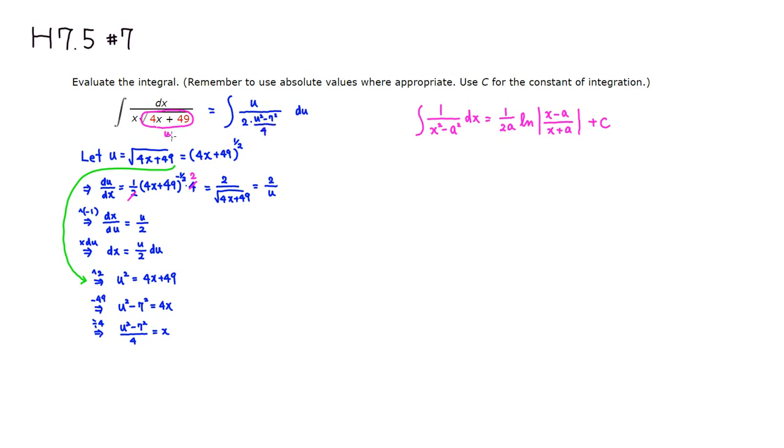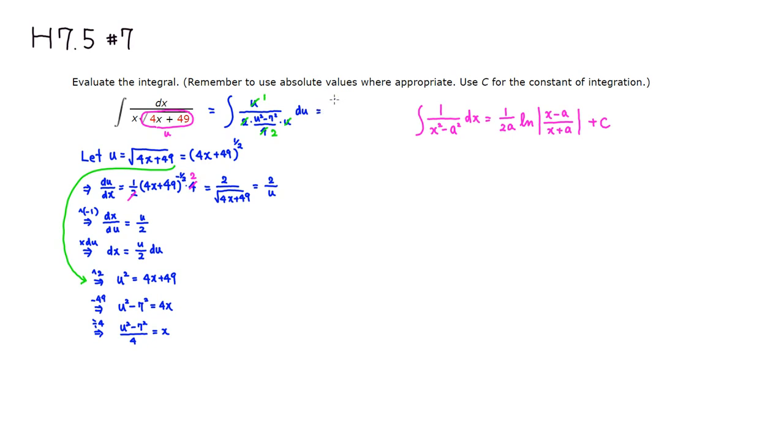Then the square root of 4x plus 49 is u, so you have another u here. We can cancel the u on top and the u on the bottom, so you have 1 on top. Then 2 and 4 cancel out, so you have 2 on the bottom. We can multiply top and bottom by 2 so that the 2 is on top.